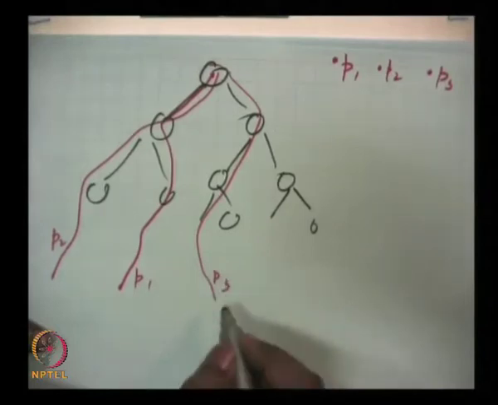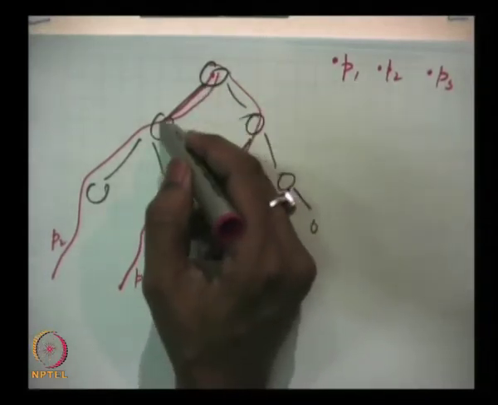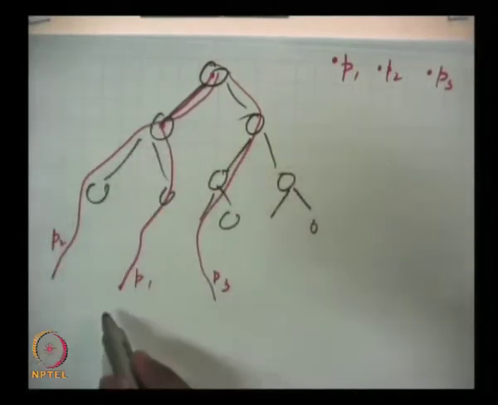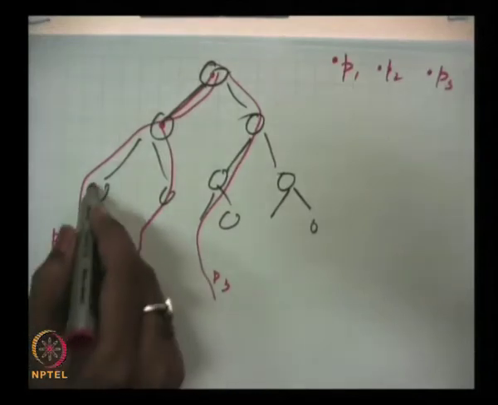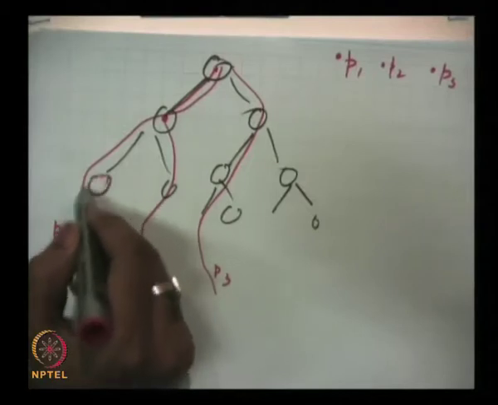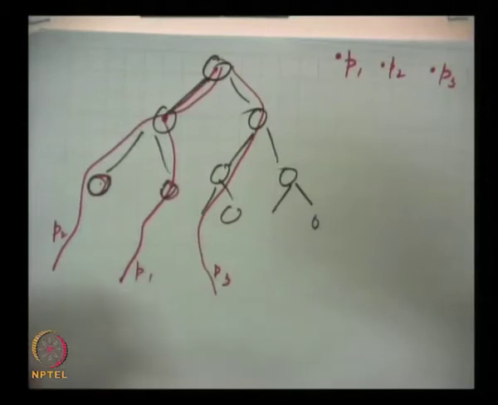If you look at the path that P1 and P2 took, they shared the same path till this node, but then they went along different paths. So, the set of points that pass through this node and the set of points that pass through this node define some kind of partitioning of R^n. That is all I am saying. Every decision tree corresponds to some kind of partitioning of R^n.